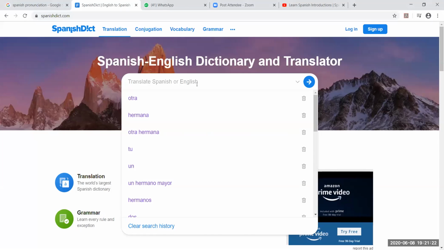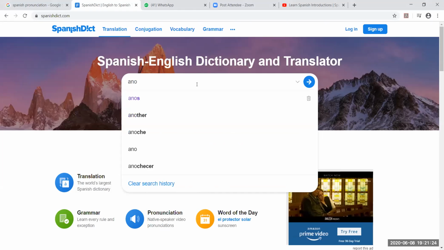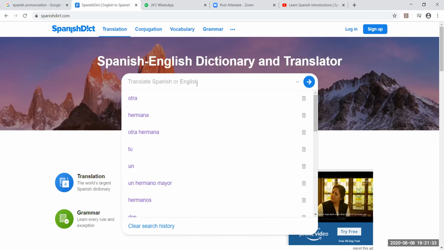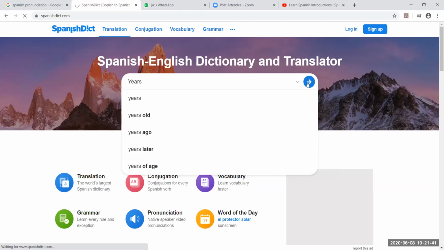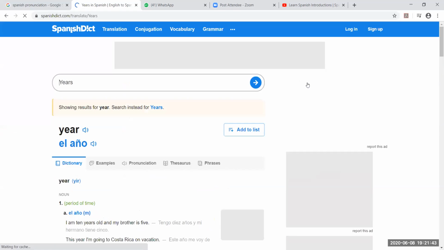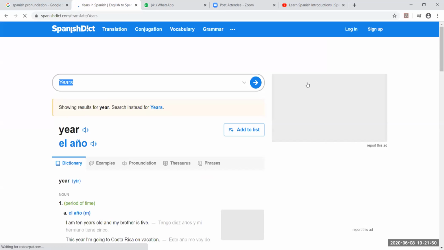Let me type ANO. Let's type in years, and hit the translator. And we get this one, el año. That means the year.